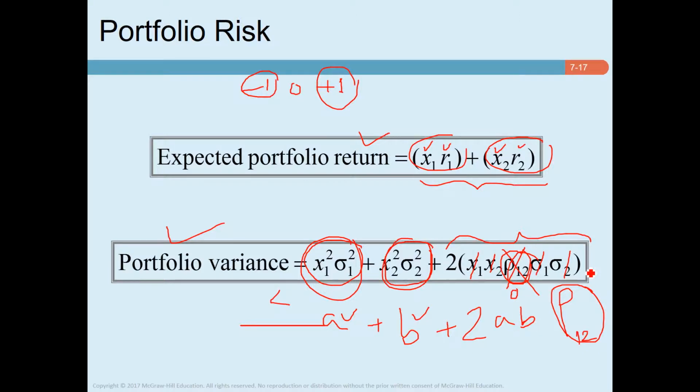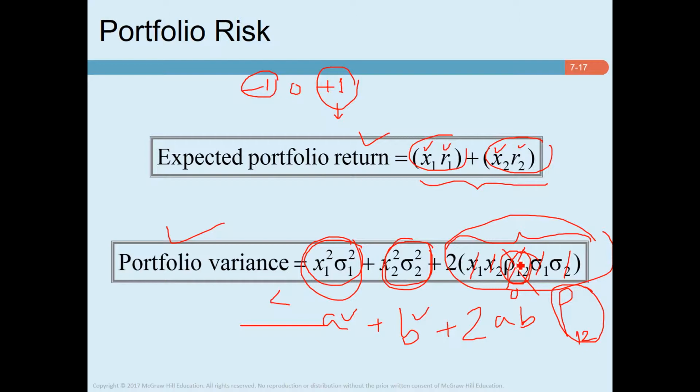Why? Because this part becomes 0. Now, if it is not 0, for any portfolio assets correlation which is less than +1, anything less than +1, then this part will be lower, right?